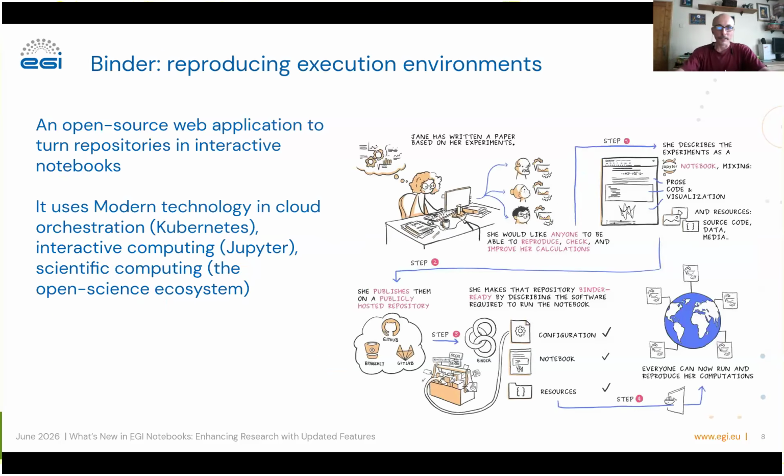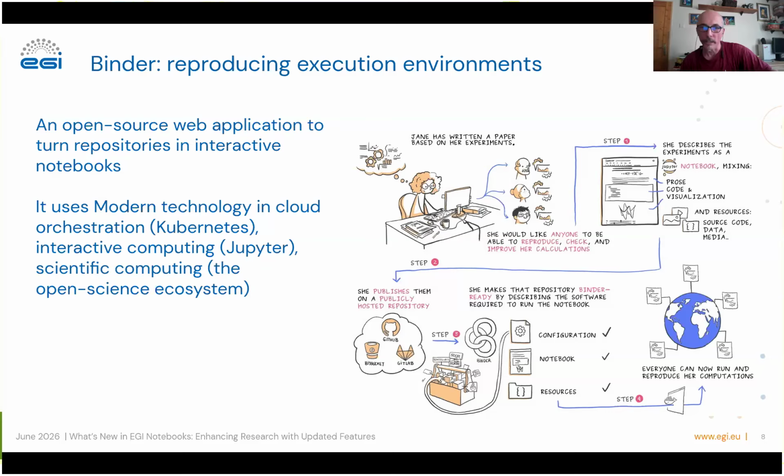This is a nice picture explaining what Binder does, but I already basically said that if there is an original author of a notebook who has put effort into documenting what the notebook is doing, putting code in, showing off results, and now they want to make their work as reproducible as possible. They also describe not only the work they have done, but also the environment where it was running.